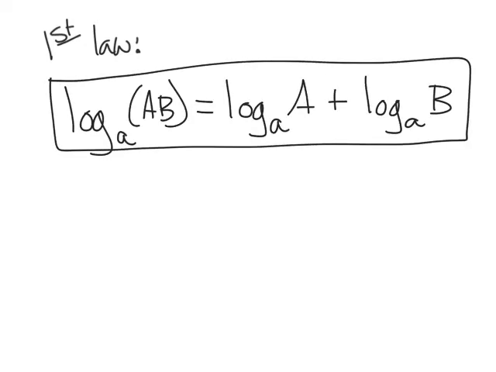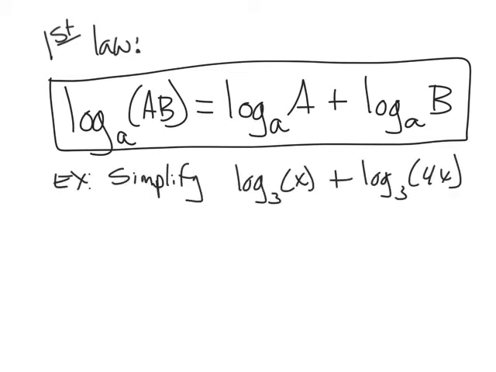So what that means is, if I have an argument that is nothing but products, I can break that out into separate logarithms and add them together. Because remember, logarithms are exponents. If you're multiplying powers of the same base, you add the exponents, and that's why it works.